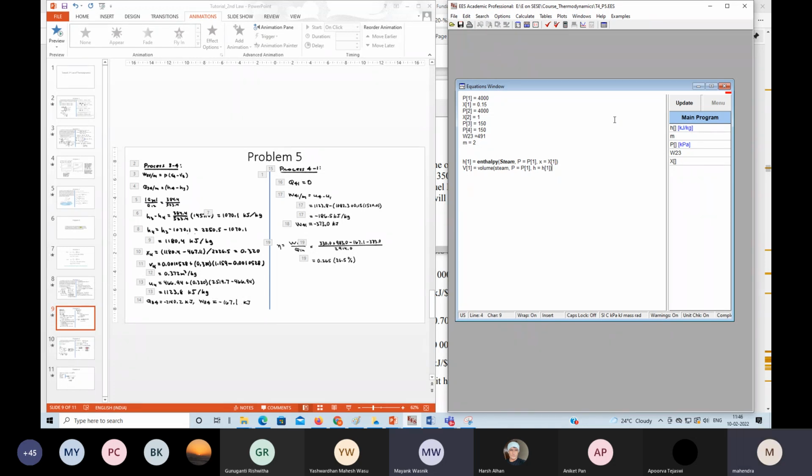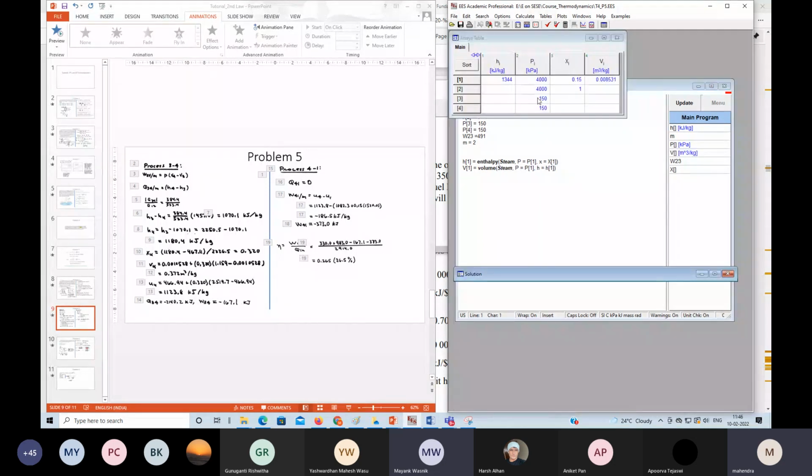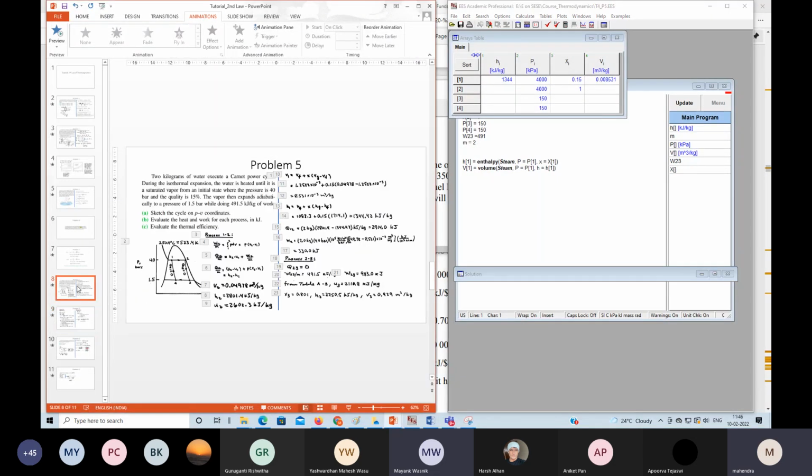Then let me check again. Okay, so now V1 we have added. If we calculate V1 anywhere, yeah, V1. V1, where is it? Yeah, V1 here.